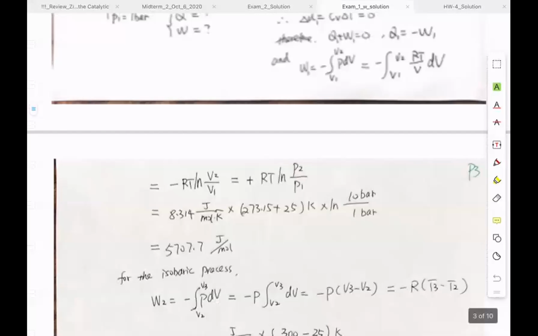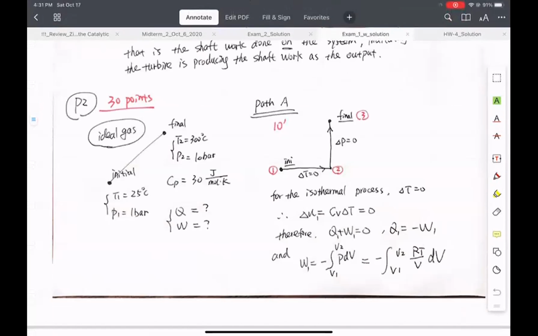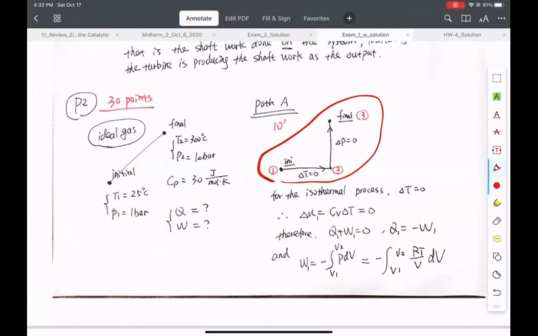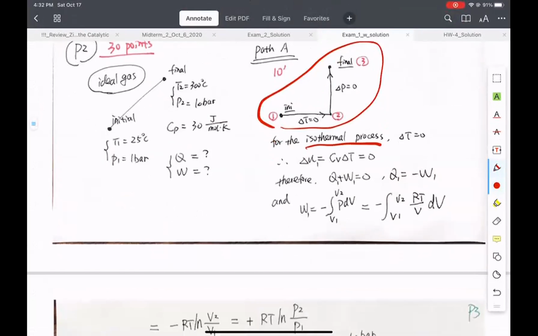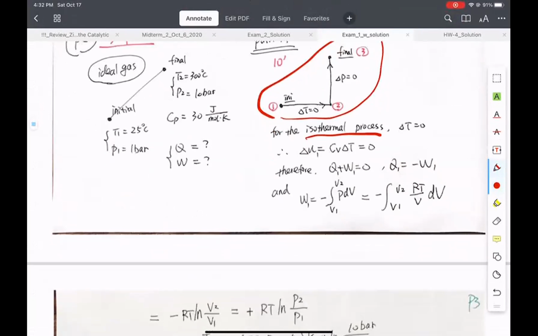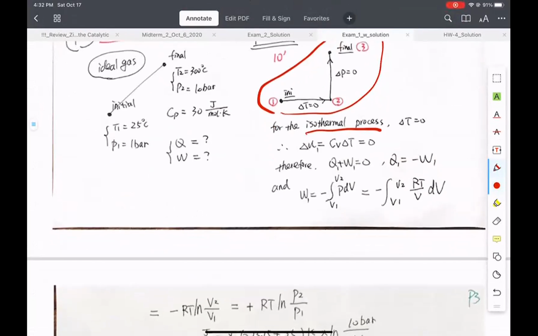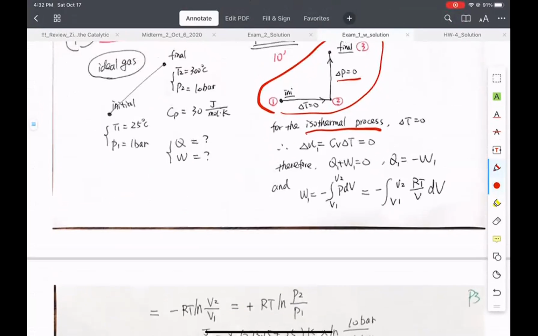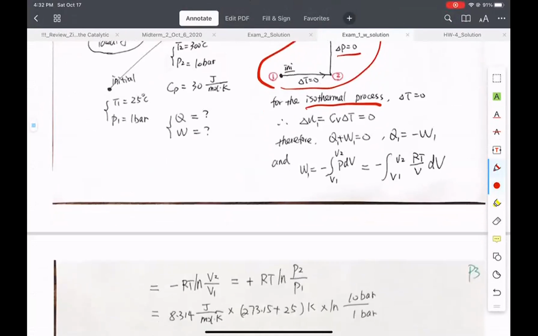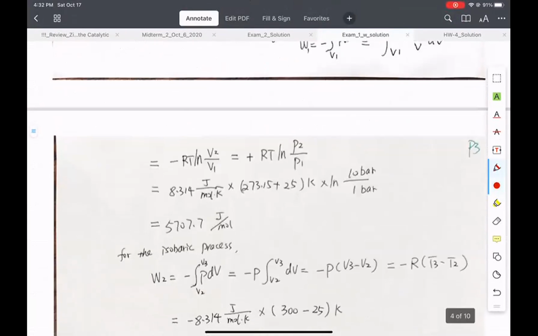So there we understand that those would be the path design. The first step would be isothermal process. Second would be isobaric, the fixed pressure process, and we have all those Q values, work, so on.